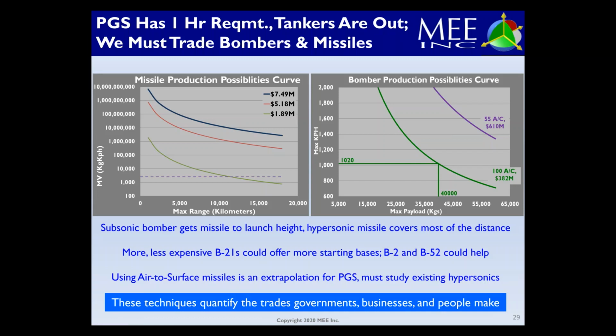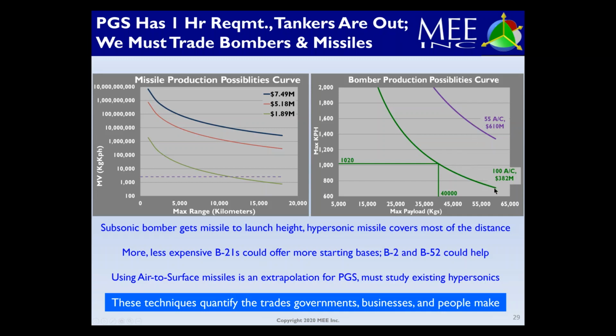What ended up happening with the B2 is that we as a country started out with a requirement for 132 of them, and then it became 100, and eventually we ended up with 21. We're going to march down much the same path with the B21 if we don't regulate it.